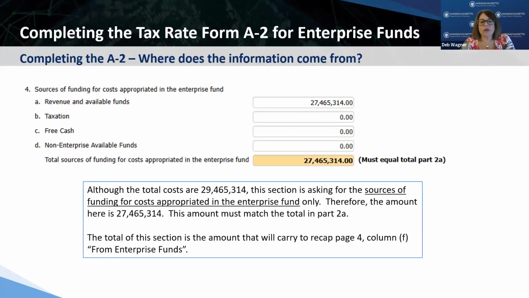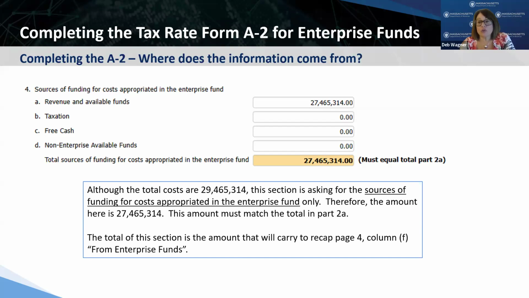So the final part of the Form A-2 is showing the sources of funding for costs appropriated in the enterprise fund. Although we've seen that the total costs are $29,465,314, this section is asking only for the sources of funding for costs appropriated in the enterprise fund only.